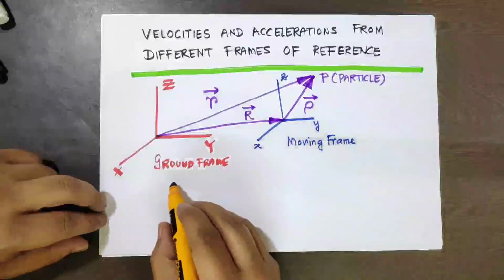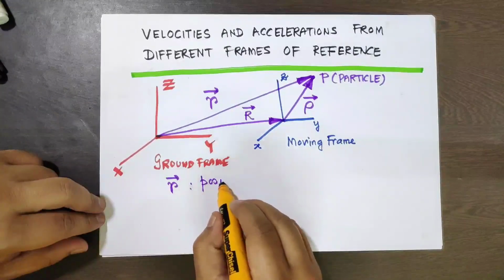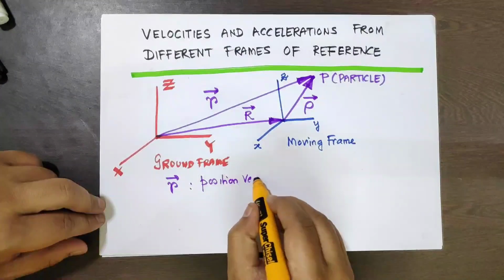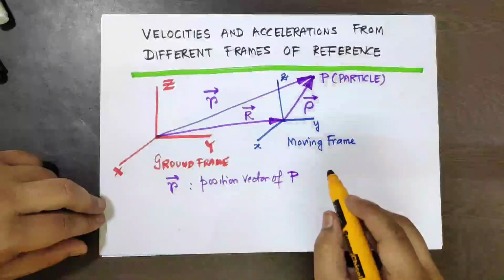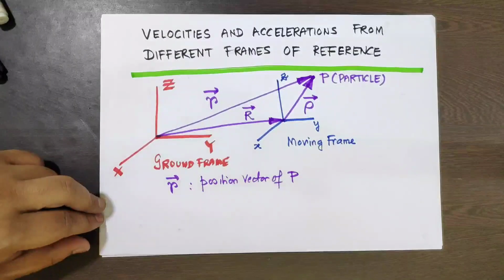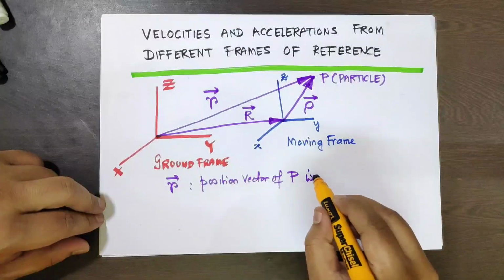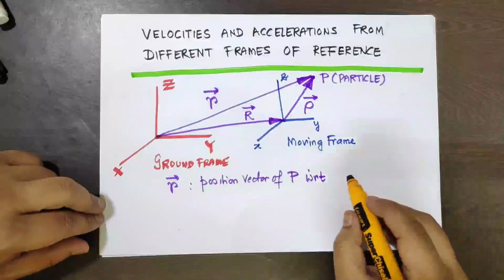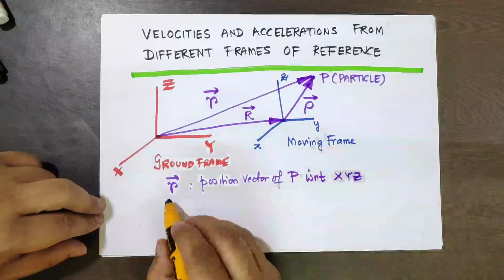So let me write down here: this small r is the position vector of P, the particle, with respect to (WRT means with respect to) capital X, Y, Z, that is the ground frame.